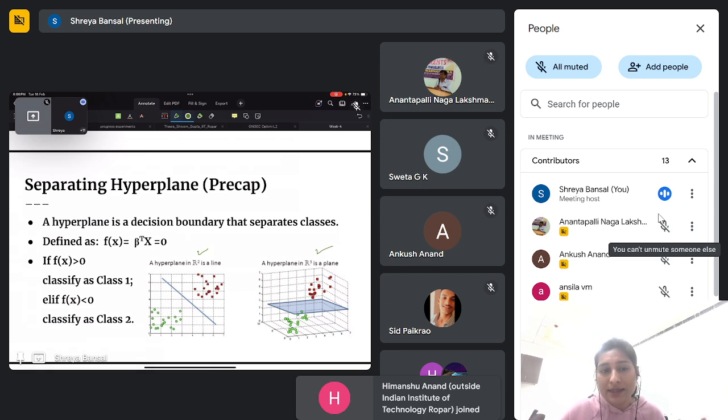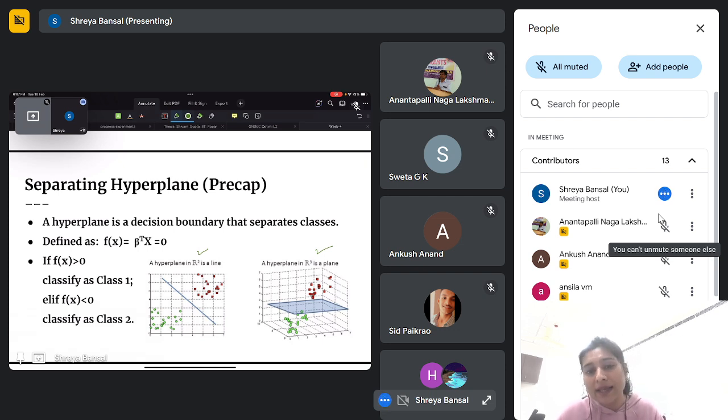That's why we can't say the decision boundary is simply a line, and we term it a hyperplane, which is associated with vectors of any dimension. What we want to learn is this plane, how to get the boundary. This plane is defined by the function beta transpose x is equal to 0.